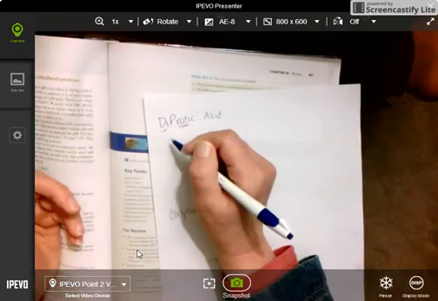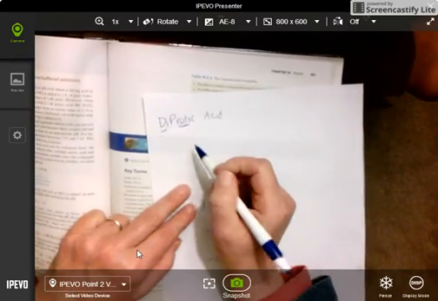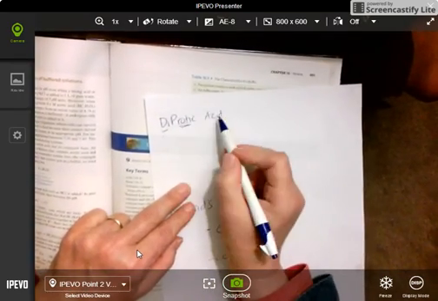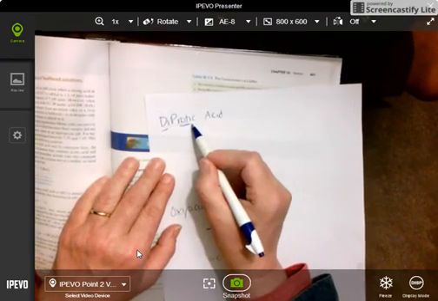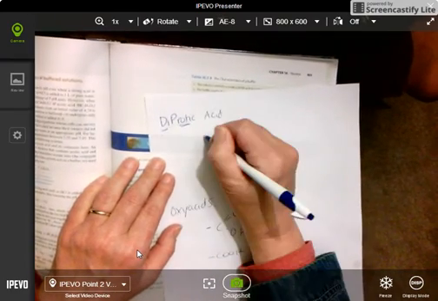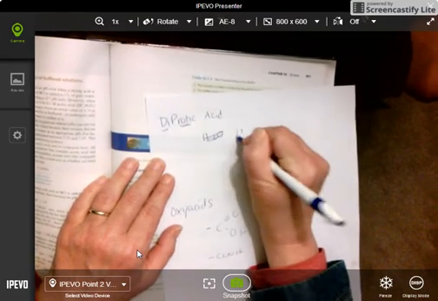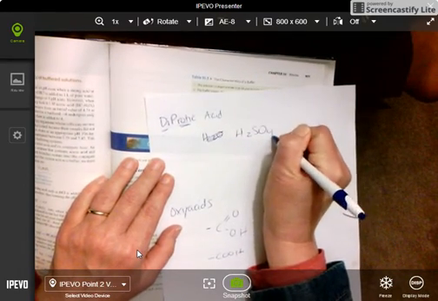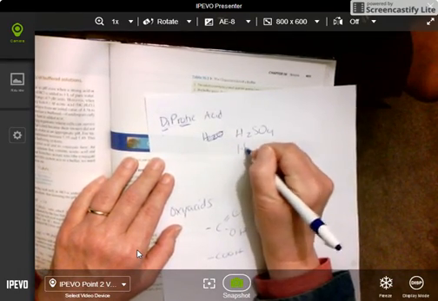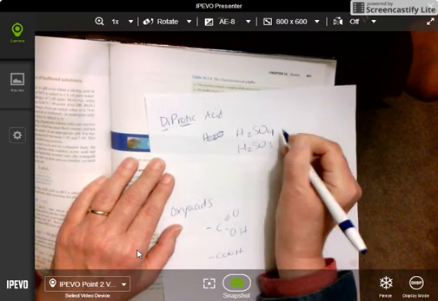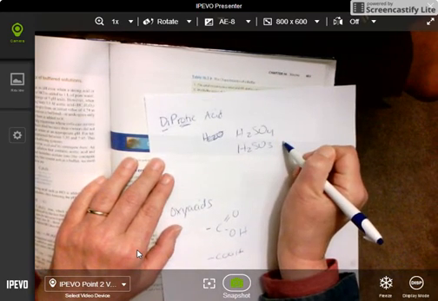Okay, di means two. Protic means proton. So we're talking about a 2-proton acid, right? So that would be like H2SO4 or H2SO3, sulfuric acid, sulfurous acid.